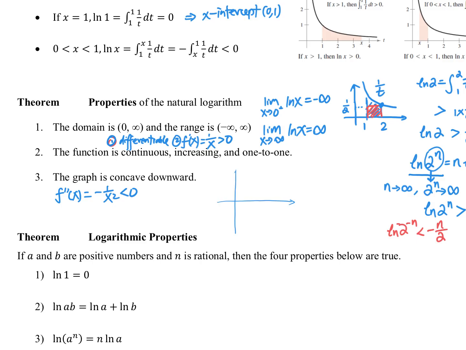First of all, the domain is from 0 to infinity, so we will have the graph on this side, and the x-intercept is (1, 0). We also know that it has to be strictly increasing, and it also bends down.